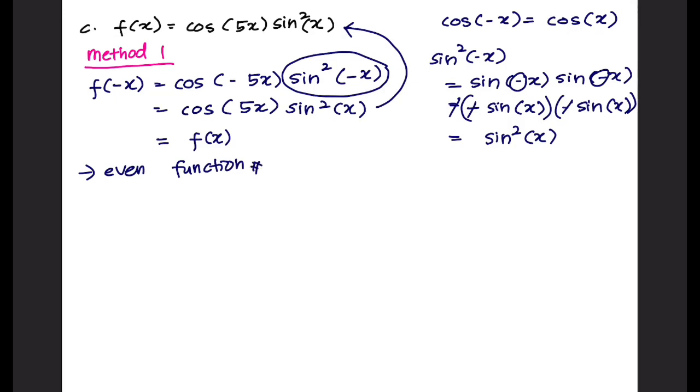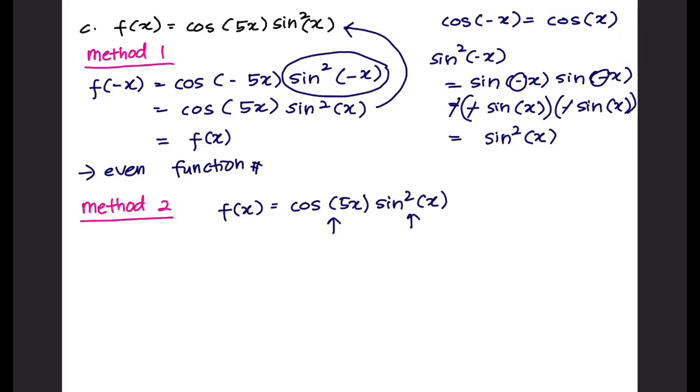Okay, let's try to solve this example by using the second method, which is by using properties. We have f(x) equal to cos 5x times sine square x. Then you separate the function and determine the type of each function. So cos 5x is an even function. For sine square x, which is sine multiplied with sine, you will get even, because f(negative x) equals f(x).